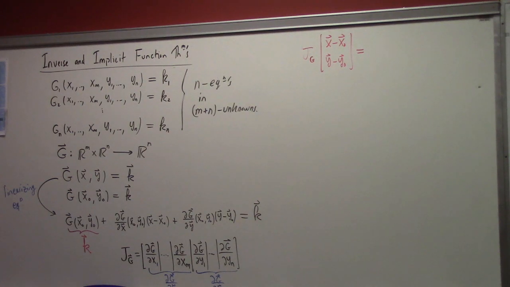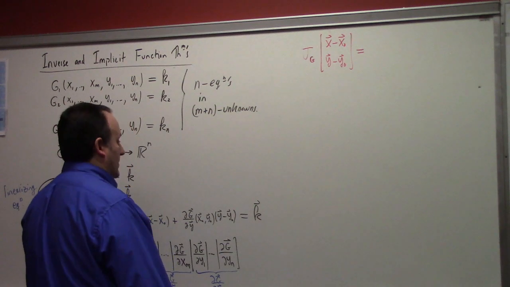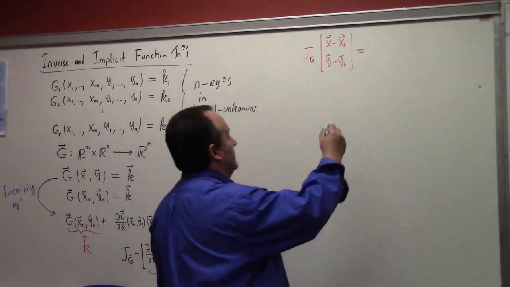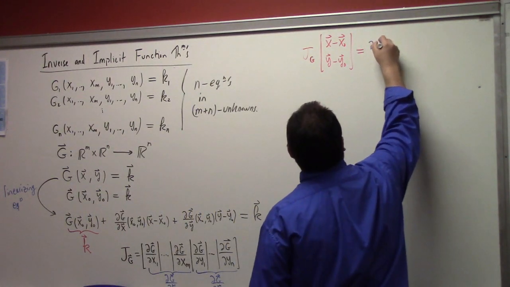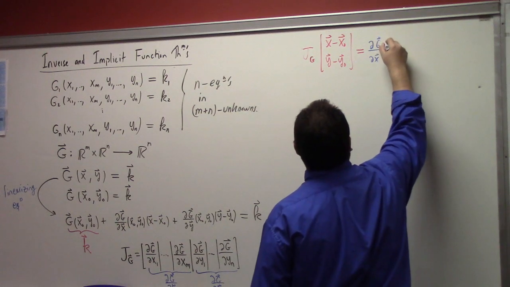Sorry, I'm thinking. I'm trying to think how would I multiply. Well, anyway, this works out to partial g partial x times the x minus x naught vector.